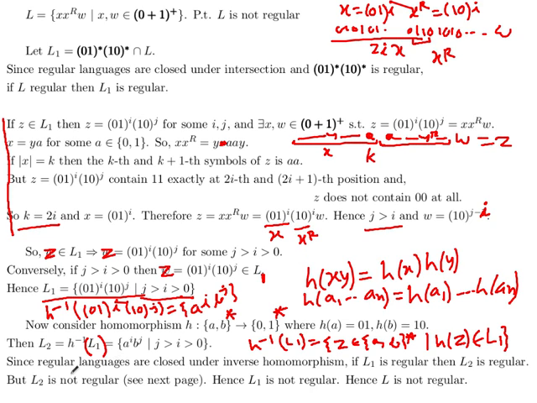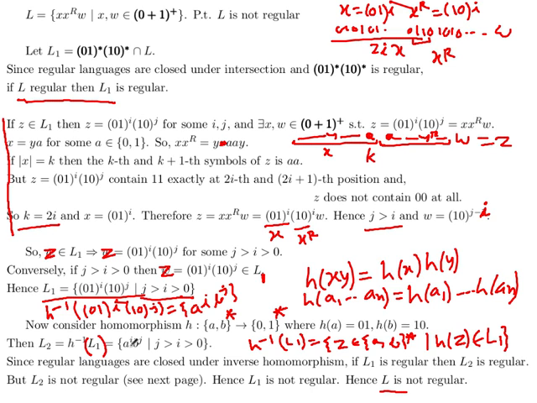Now we prove that this L2 is not regular, which is straightforward, almost the same as proving a to the i b to the i is not regular. That will mean that L1 is not regular, and combined with the earlier result, that will prove that L is not regular.